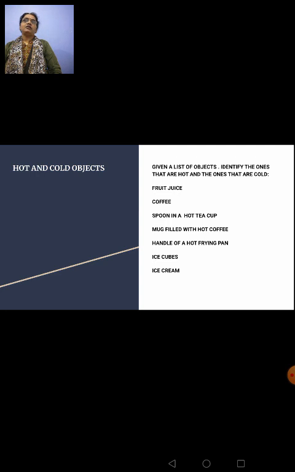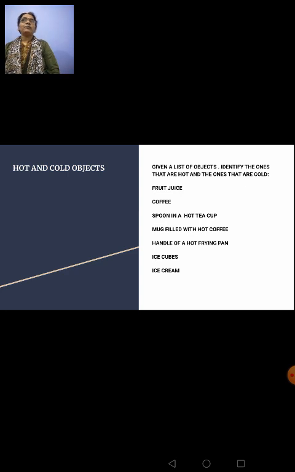As I told you these words, you can easily imagine whether the object is going to be hot or cold. So this hot or cold is decided by the temperature, right? Now, when I tell you ice cubes and ice cream, you obviously know they are going to be cold.